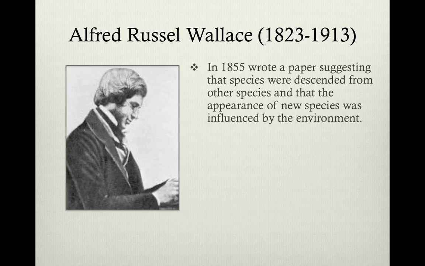So all of this work that Darwin was doing, others were researching evolution as well. And Alfred Russel Wallace got really the short end of the stick here. He got the shaft. He was a correspondent of Darwin's and sent Darwin a paper in 1855 suggesting that species were descended from other species and that the appearance of new species was influenced by the environment.